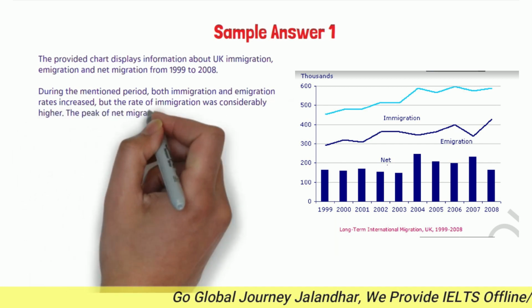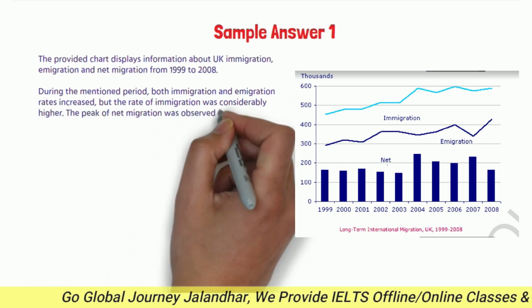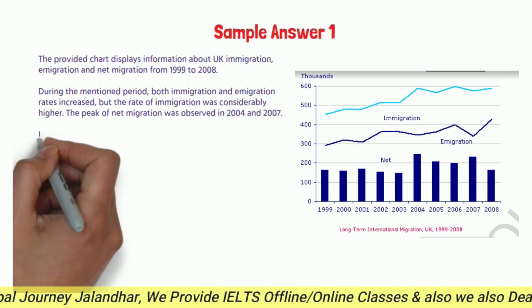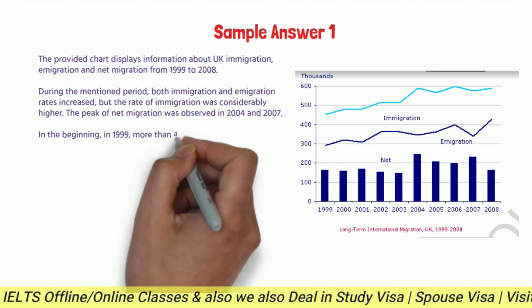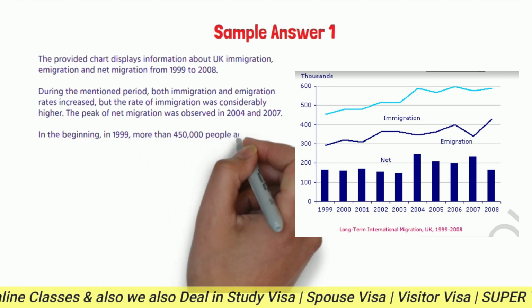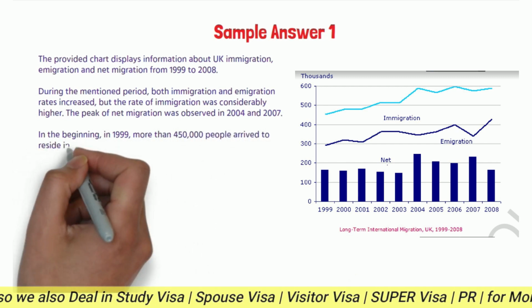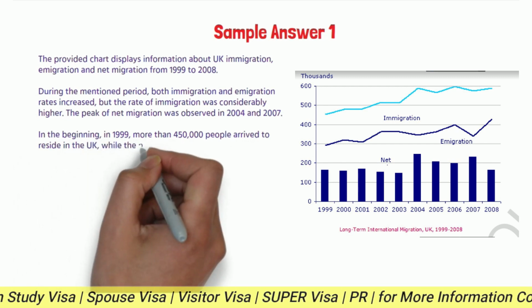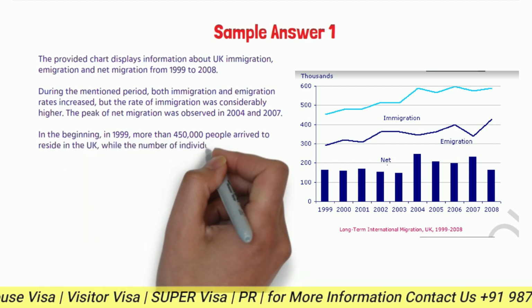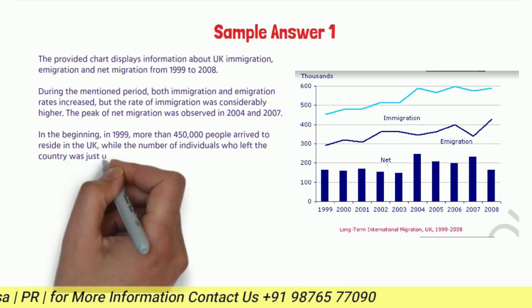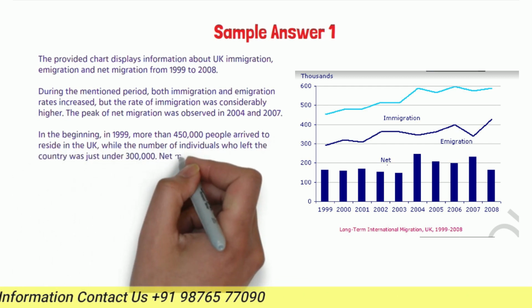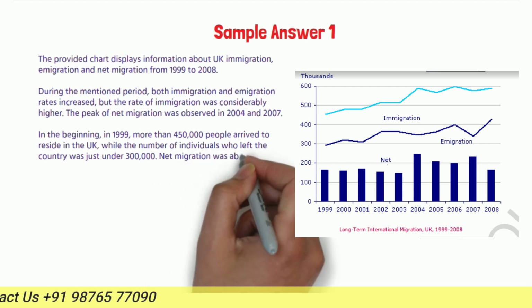In the beginning, in 1999, more than 450,000 people arrived to reside in the UK, while the number of individuals who left the country was just under 300,000. Net migration was about 160,000, which remained steady until 2003.